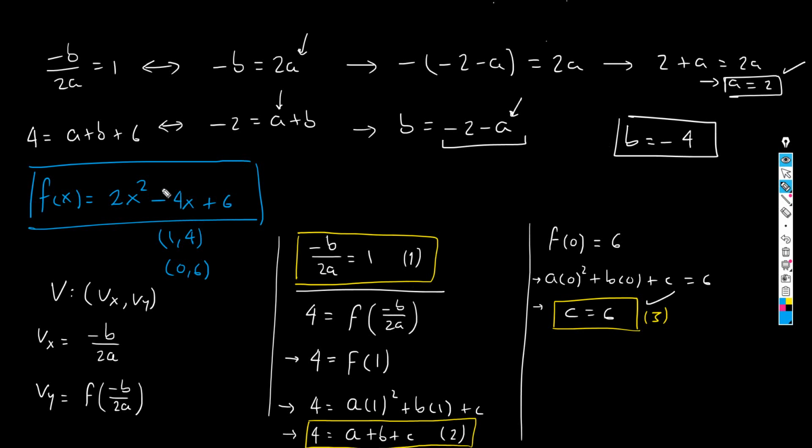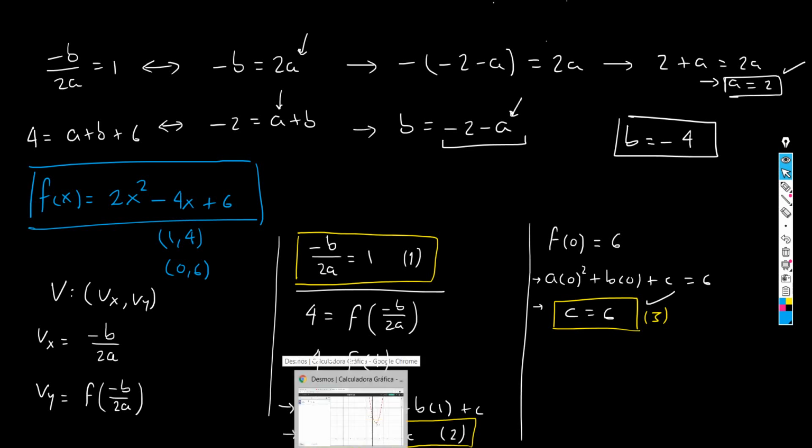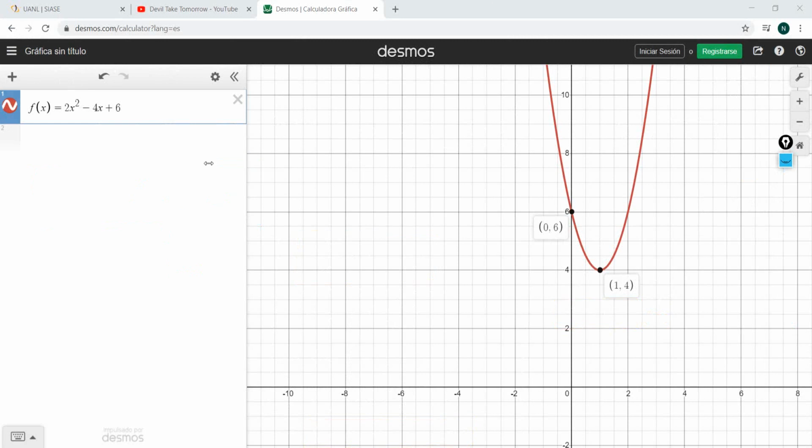Let's confirm. We have this function. Write it down, please, somewhere. I already have it on Desmos. And there it is. You see? 2x squared minus 4x plus 6 is this parabola, which has its vertex at (1, 4) and goes through the y-intercept (0, 6). Remember that we usually talk of the intercepts by just one number.